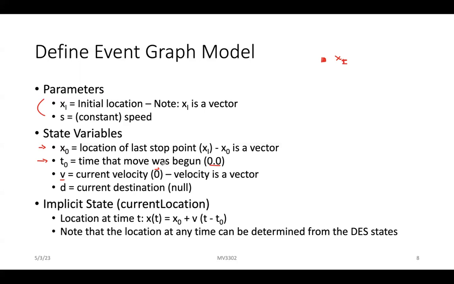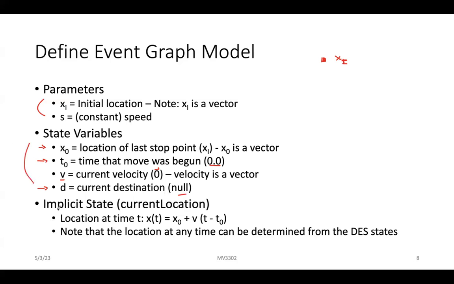What I've found is that in context, you should be able to tell what a scalar is and what a vector is. And then finally, since we're going to be moving to different destinations, which may change, I'm going to call it my current destination. And initially, I'm going to say that's null because I don't have a destination yet. So these are my discrete event states.